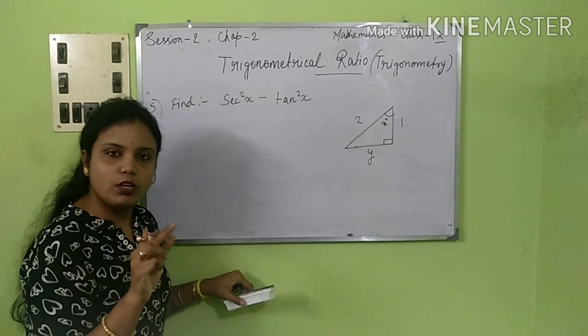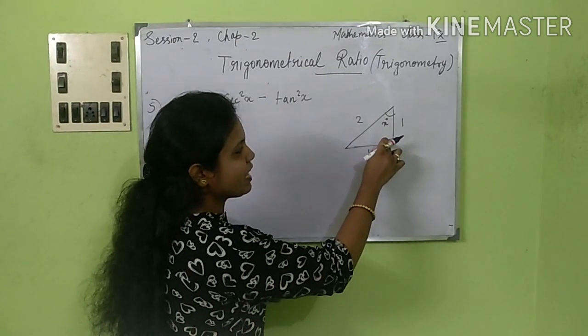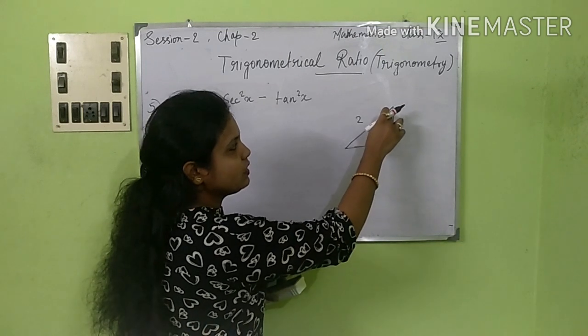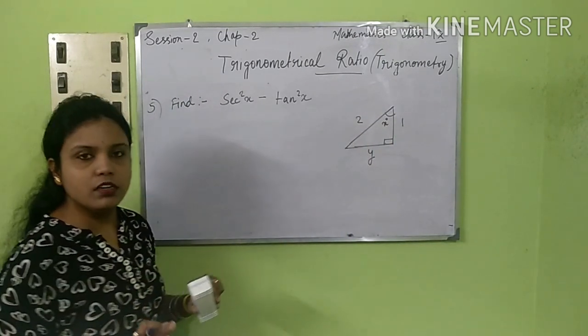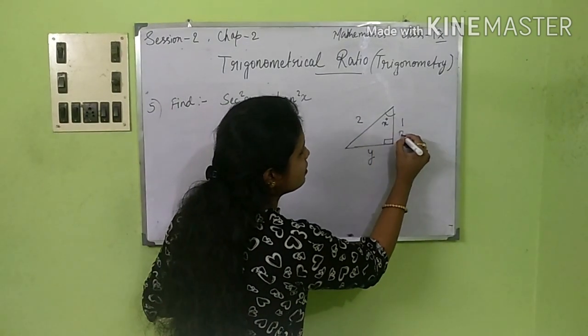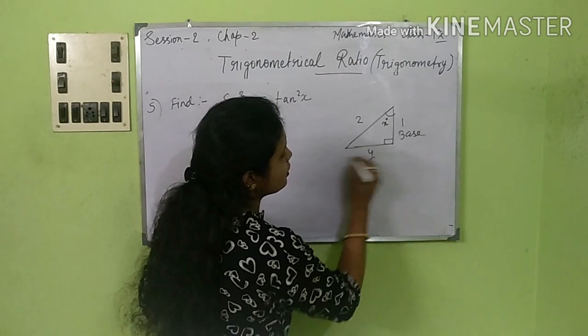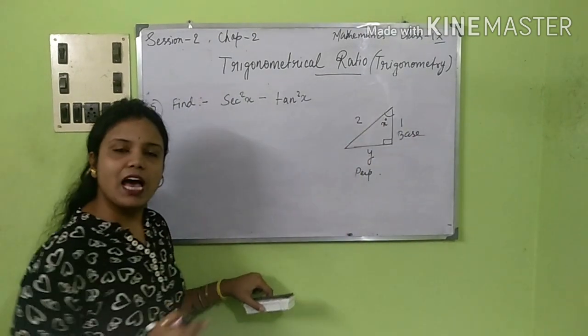Now, as I have told before, which one are you going to take as the base? The one which is having the right angle and the particular acute angle for which we are considering the ratios. So that means this particular side is the base and this particular side is the perpendicular. Accordingly, this is the hypotenuse.